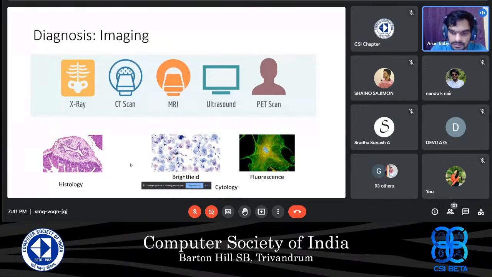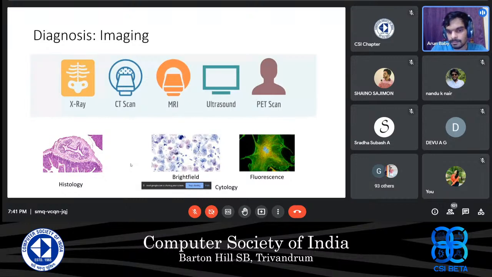In cytology imaging, there are two types of images. One is bright field, where the cells are stained and shown against a white, bright light, and imaged.